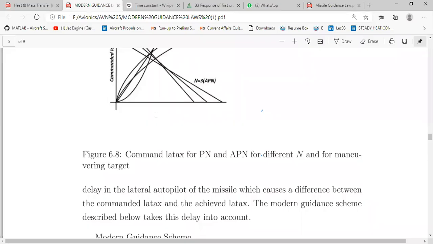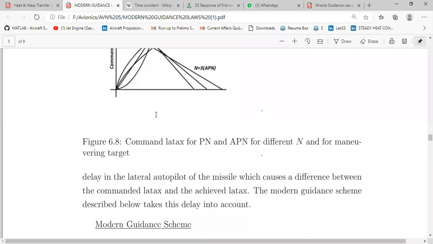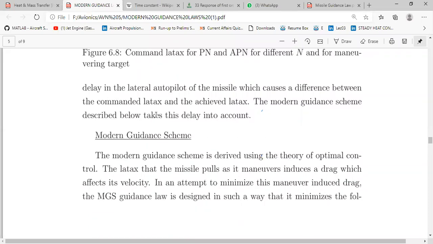If you want to consider the time delay that is taken by the control system, then we need to follow the modern guidance scheme that is derived using the optimal control theory, and that considers the time delay by the autopilot. So that is another system, another guidance law, your modern guidance scheme.